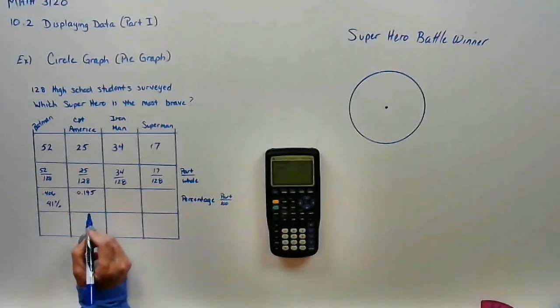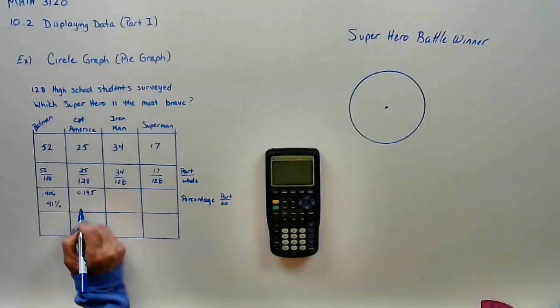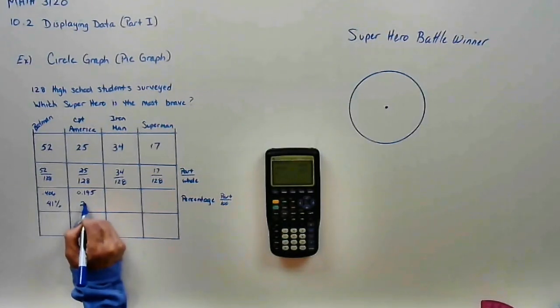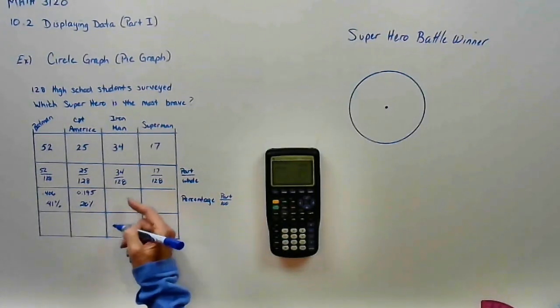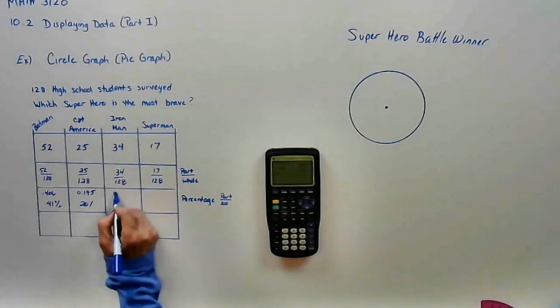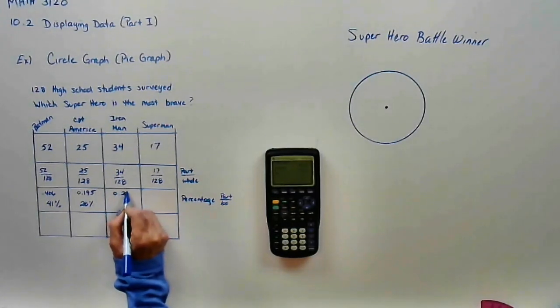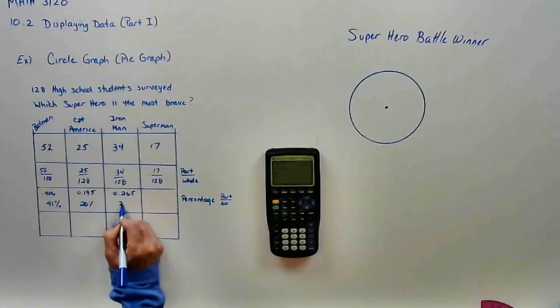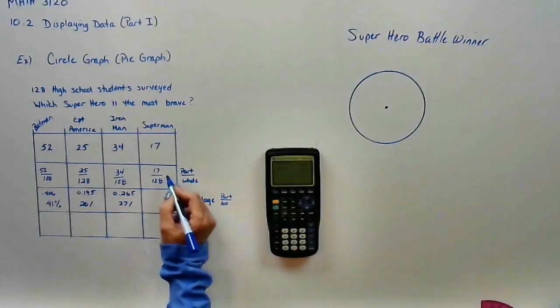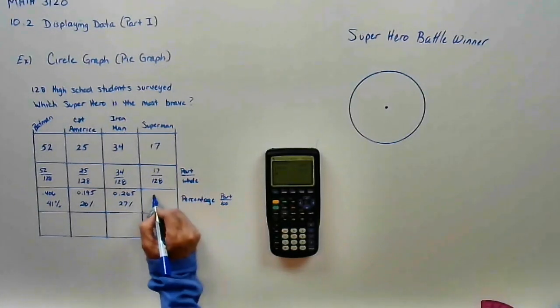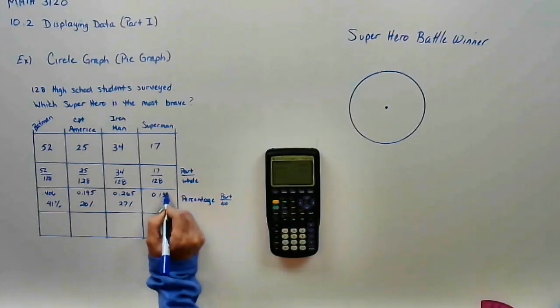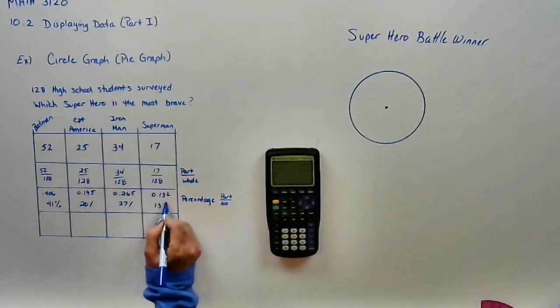So for our purposes, I'm going to round this to about 20%. 34 out of 128 gives us 0.265. So I'm going to round up again to 27. 17 out of 128, 0.132. So I'm going to round that to about 13%.